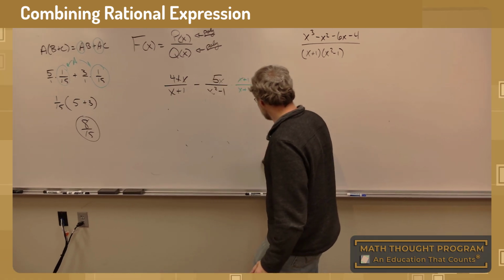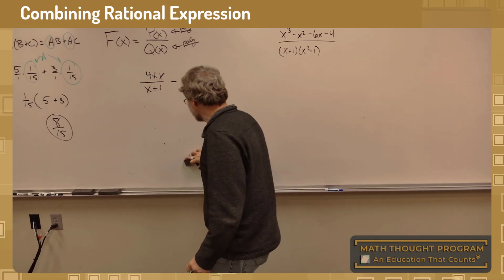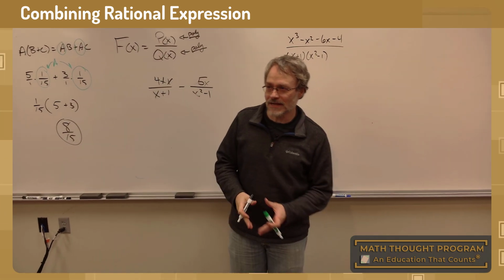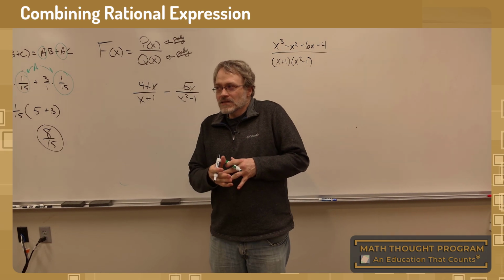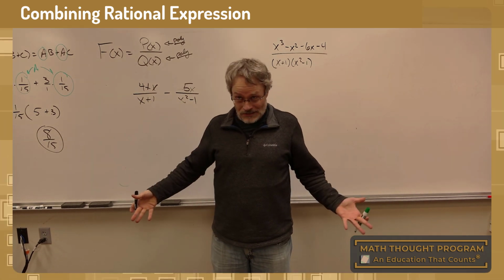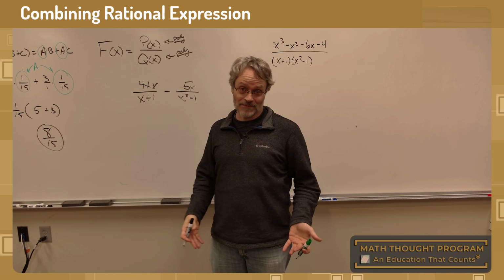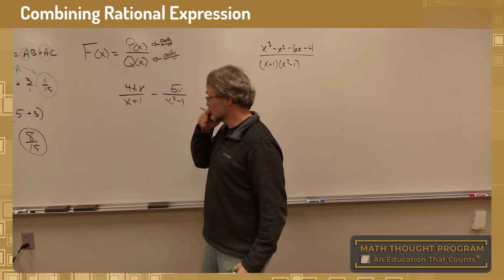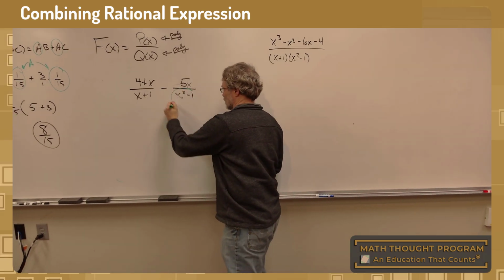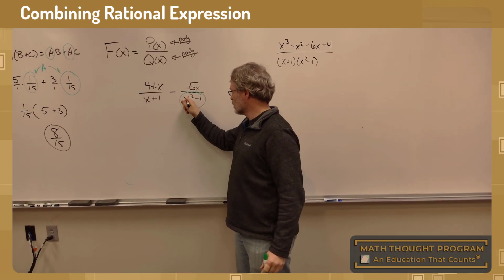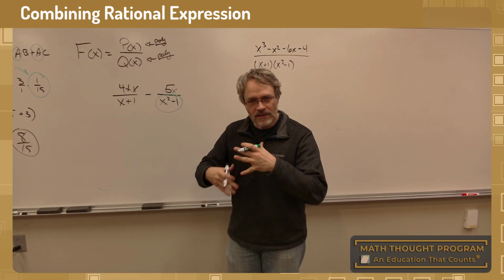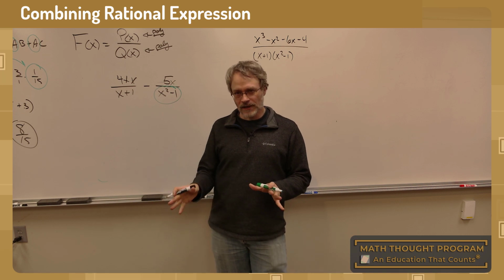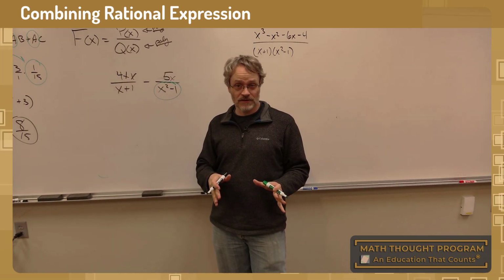And what I want to do is I want to get the denominators the same. And how I get them the same doesn't really matter so much, as long as I don't violate any rules in mathematics. And one of the things that I do see here in this problem is the x squared minus 1. Now, think back. We talked about this when we're looking at our special factors.